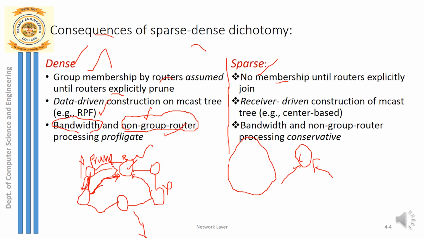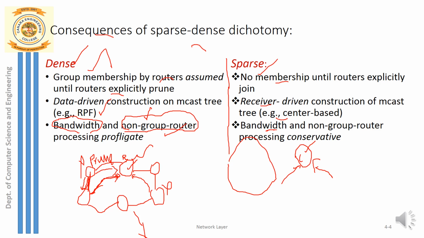And next we have receiver driven construction. So here we have a center based approach. As I already said, one node you consider as a center node, and to that center node the link is attached, or you can say the join messages are sent, via which the multicasting tree is constructed. For this, the bandwidth is not much required. Why?